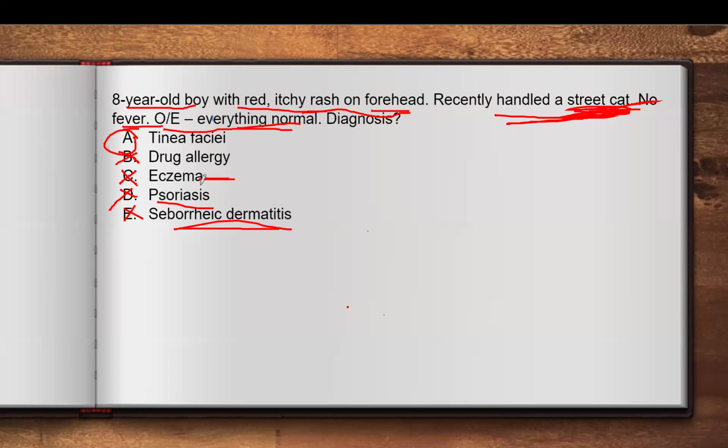And in order to diagnose eczema, they will give you some other history of allergy as well, like family history of asthma or hay fever, any personal history of hay fever, asthma, allergic rhinitis, or any history of atopy, and then you can diagnose eczema. They will give you some clue regarding that. All right, so this is most likely tinea faciae.